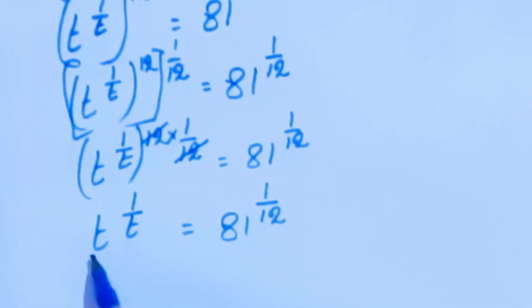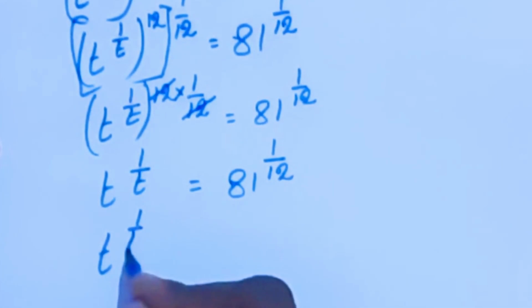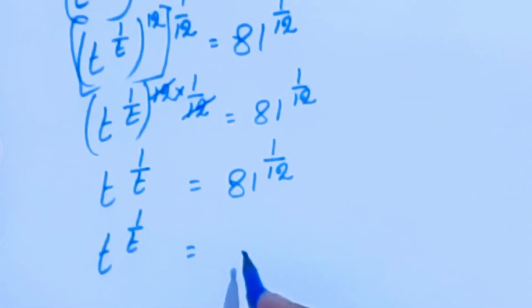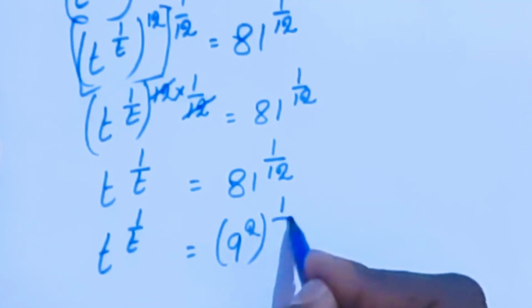Now left hand side all variables, right hand side all constants. t power 1 by t equal to this 81 can be written as (9 power 2) whole power 1 by 12.